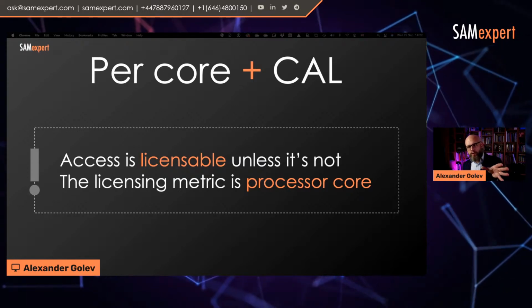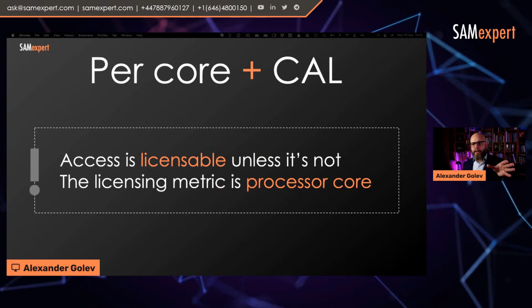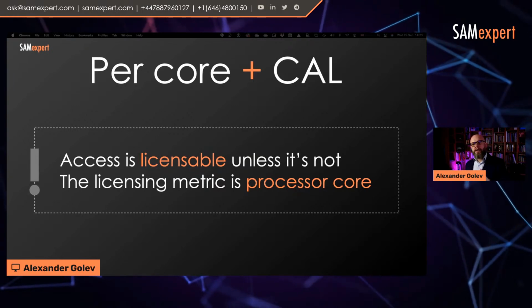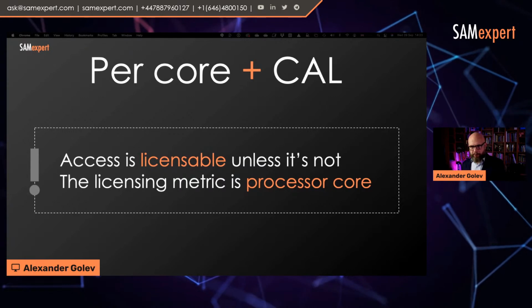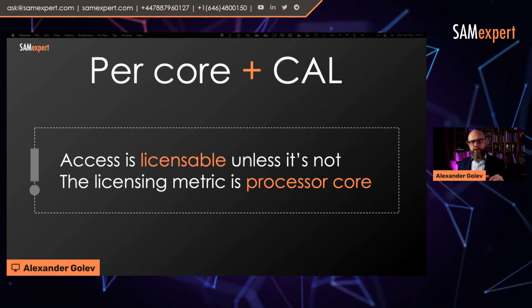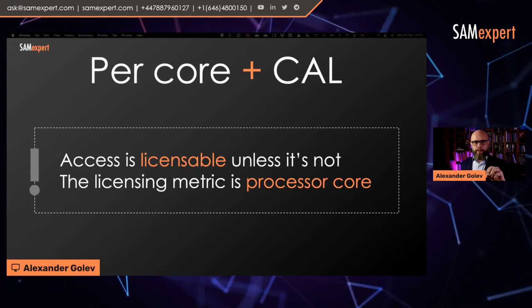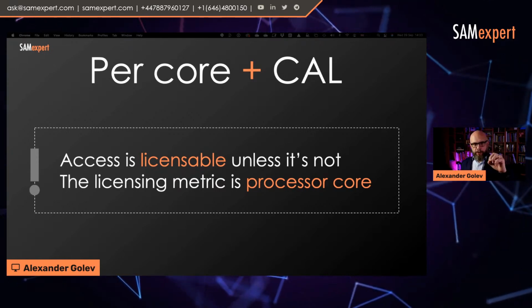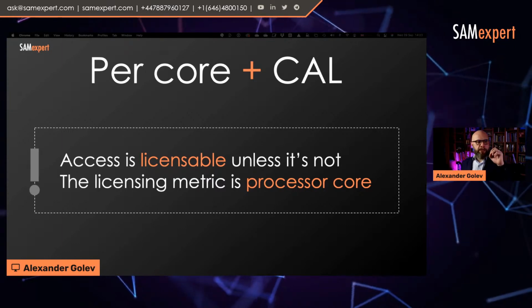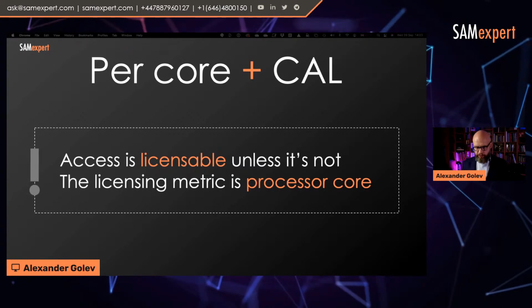So there's always a requirement for some sort of client license. It could be a CAL, client access license. It could be a CAL equivalent. We have a slide about CAL equivalents later in the presentation. I'll explain what that is. The licensing metric for the server licenses is processor core. One hardware processor core, not a hyper-thread, not a processor, a physical processor core.